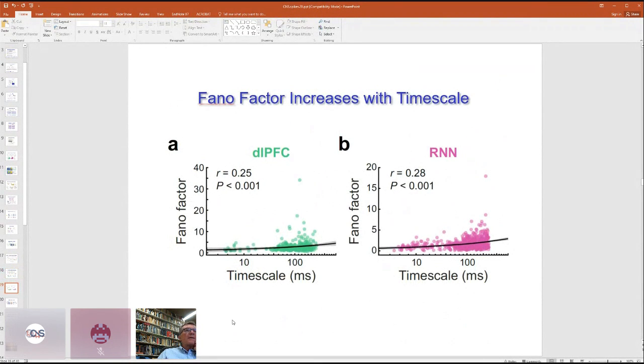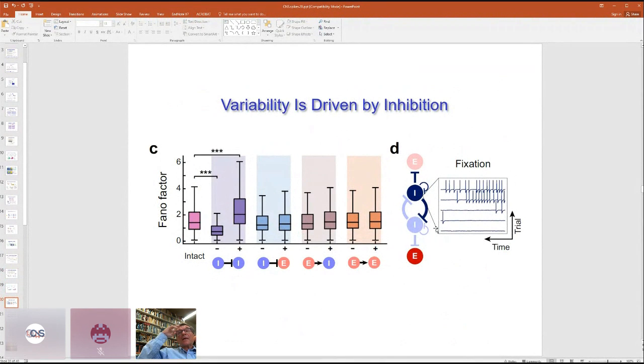And indeed, this is what's seen in the dorsolateral prefrontal cortex data compared to the recurrent network data. The longer the time scale, the higher the Fano factor. So all these pieces of evidence are pointing in the same direction.